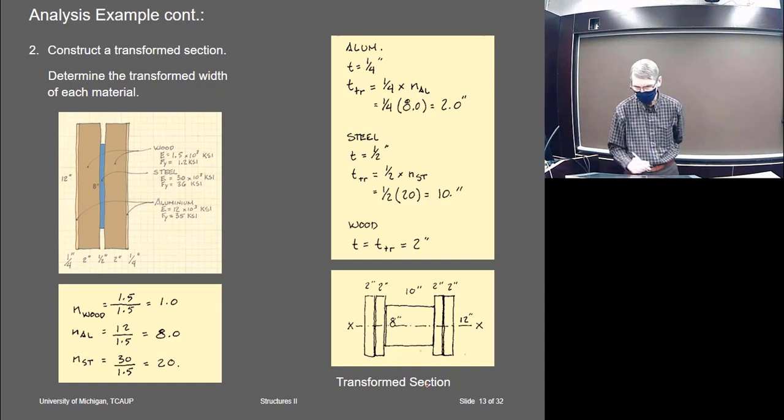So we make the transformed section. They've got these widths like we did. The wood doesn't change. It's the same. And in this example, they have full dimension pieces. I mean, it's a full 2 inches by 12 inches, but okay.